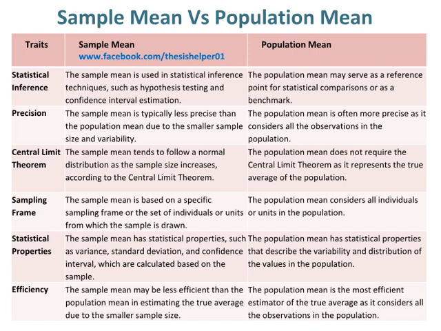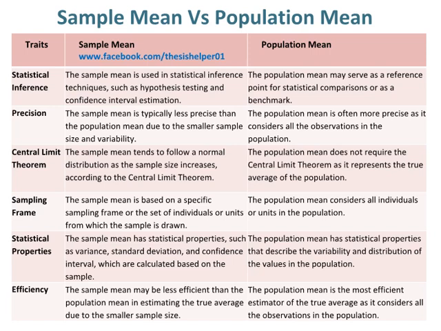Whereas, the population mean is often more precise as it considers all the observations in the population. The sample mean tends to follow a normal distribution as the sample size increases, according to the central limit theorem. Whereas, the population mean does not require the central limit theorem as it represents the true average of the population.